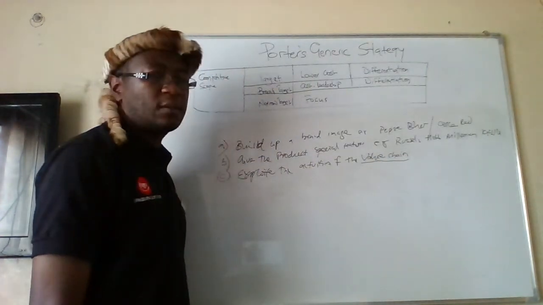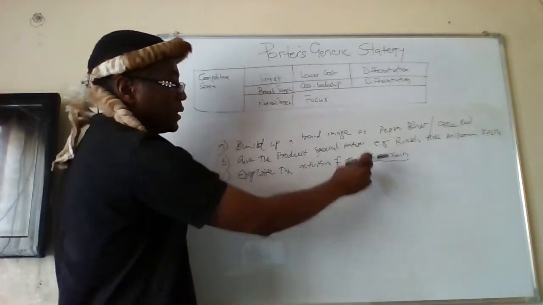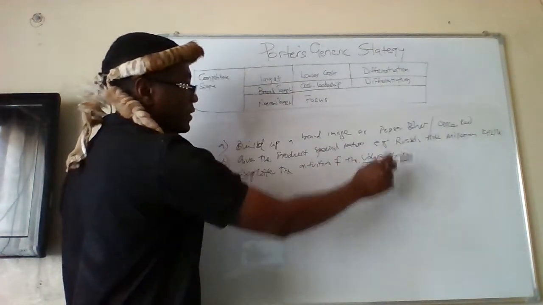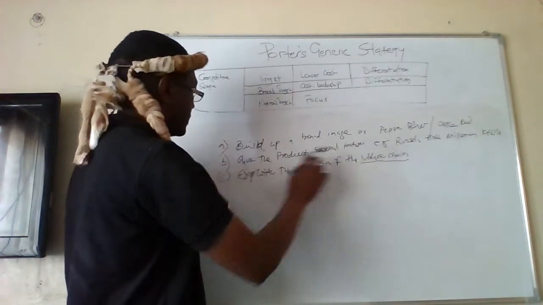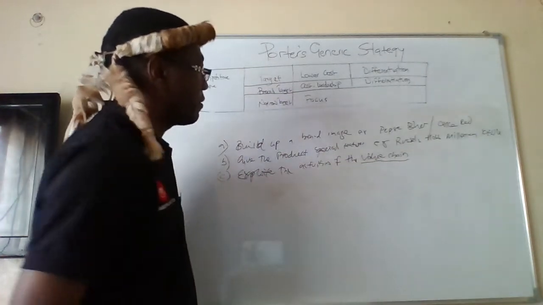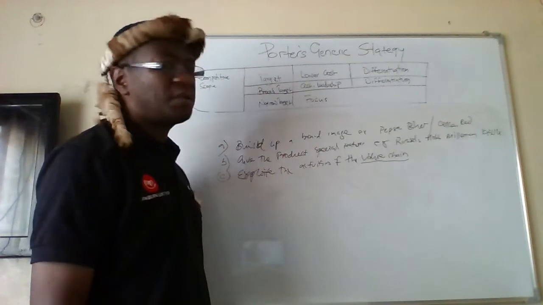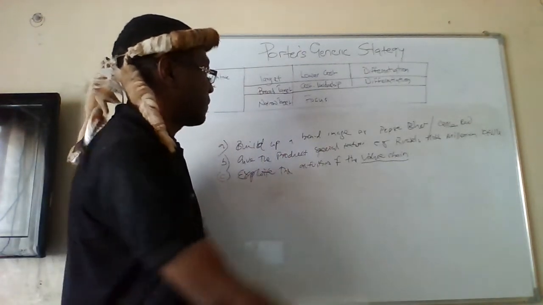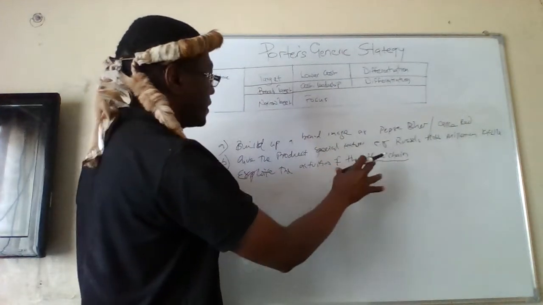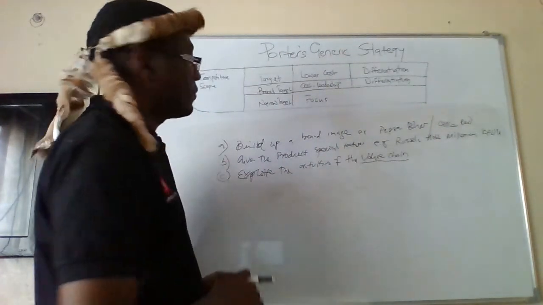It can even give you a 20 mark question, maybe A and B, on the value chain. So exploit the activities of the value chain, for instance, the speed of delivery or the after-sale services. So that is how you can differentiate.